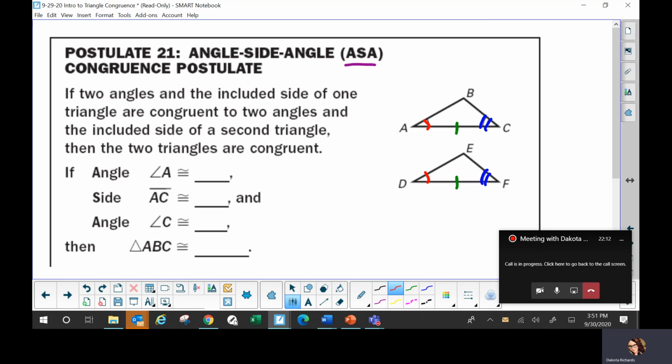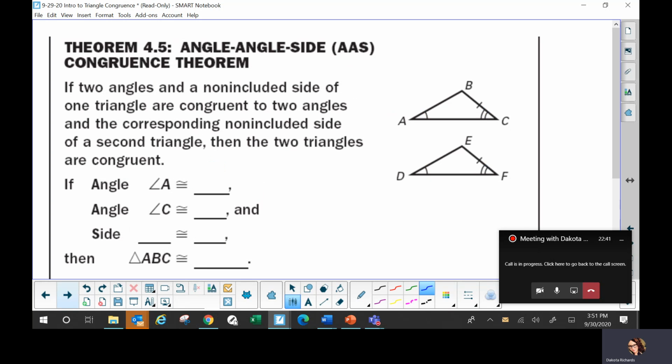Okay, so angle A is congruent to angle D. Segment AC is congruent to segment DF. And then finally, angle C is congruent to angle F. So go in that same order, triangle ABC is congruent to triangle DEF.